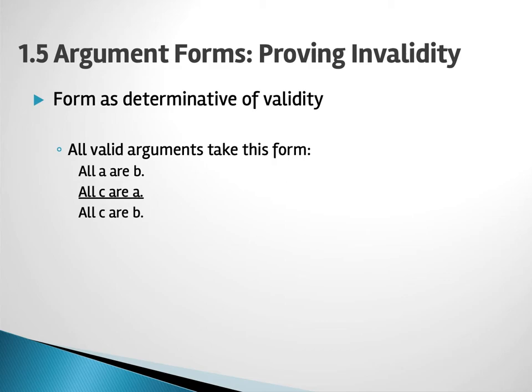So for instance, if I say all mammals are animals, I'm substituting A for mammals and B for animals, and I say that all cats, C for cats, and A for mammals, all cats are mammals, I have produced two true premises.